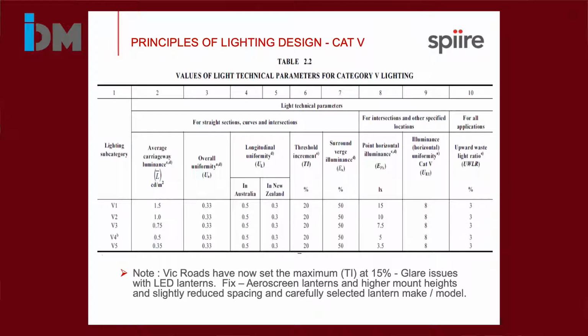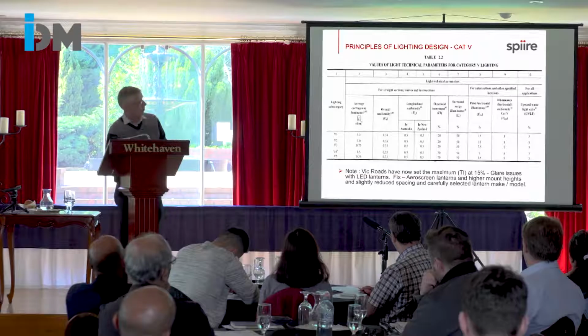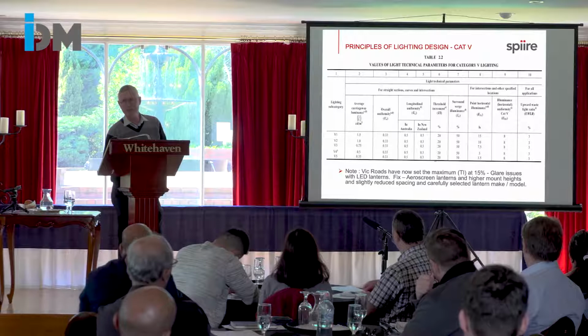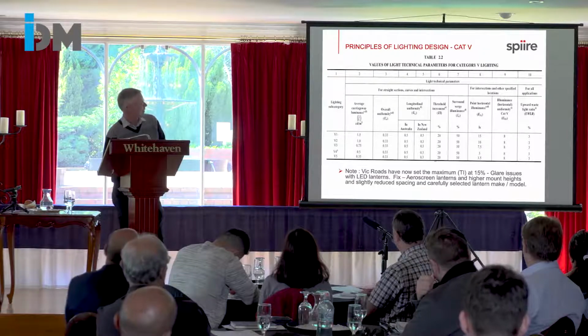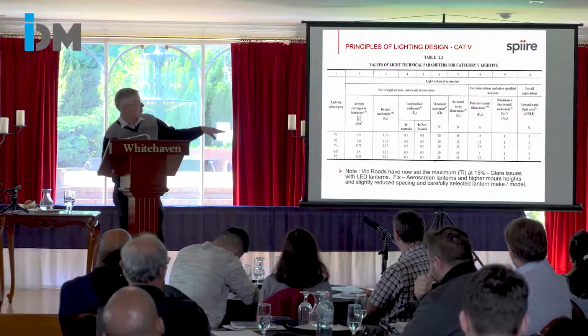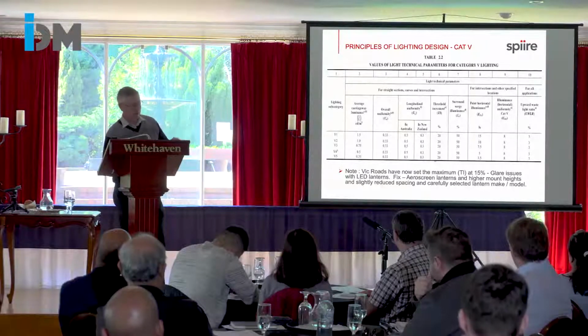Another one, if you've got VicRoads jobs coming through, the Australian standard says threshold increment, and I'm not sure what the origin of the term threshold increment is, but it actually relates to the glare output of a lighting scheme. VicRoads have actually reduced that to 15% as of, I think, late last year, and probably the Australian standard will follow suit.